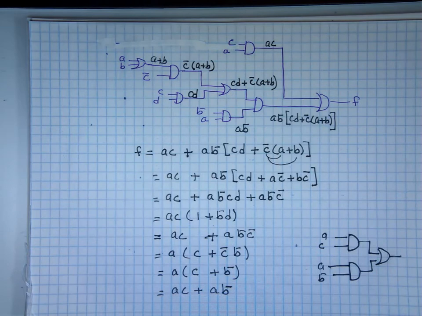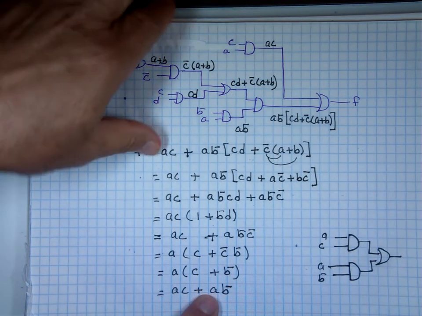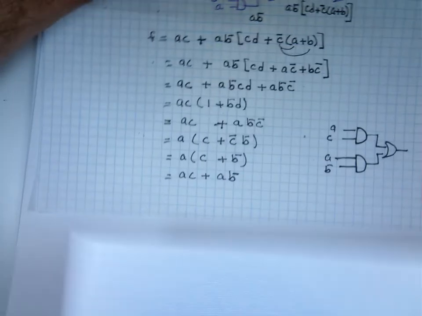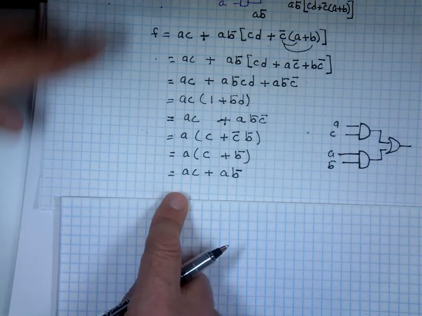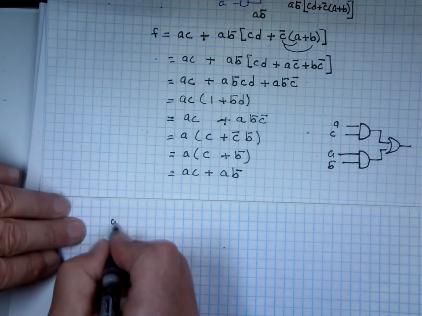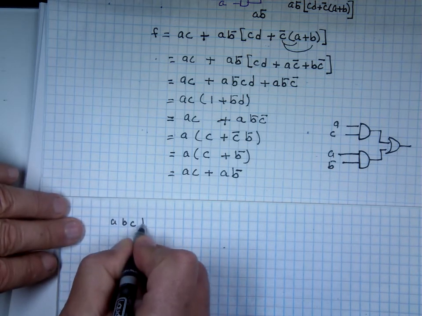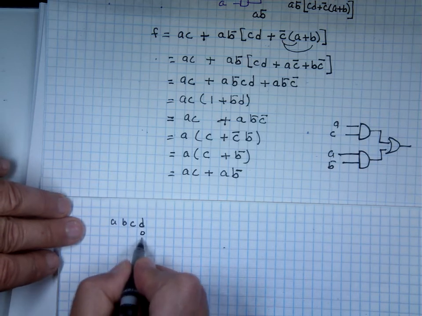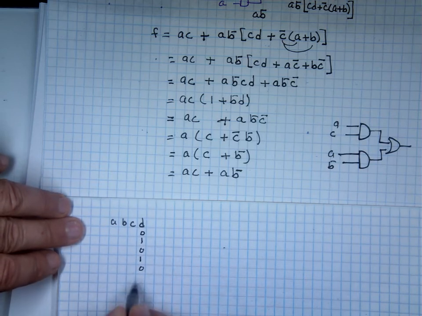Where I was going with this, I wanted to get the truth table, which, give me a minute, and I'll give you the minterms and the maxterms. I have 4 inputs, A, B, C, D. That's why I chose this problem. So I will have 16 different combinations. 8 sets of 0, 1, 0, 1.